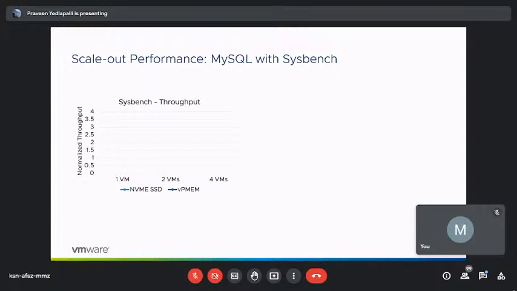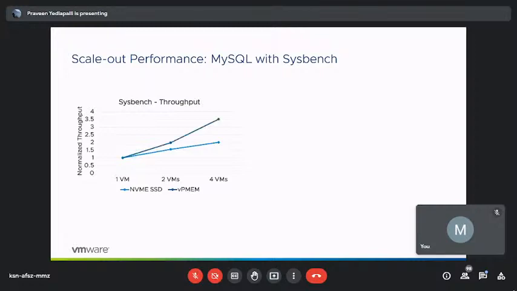So what happens with SSD is, as I increase the number of VMs, I can get better throughput, but it's not linear. You can see with 4 VMs, I am only able to get double the performance. It's not 4 times. Ideally, I want to see 4 VMs get 4x performance, but because SSD is not very fast, that is becoming a bottleneck.